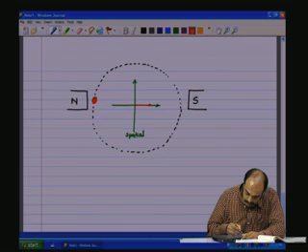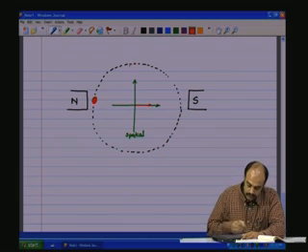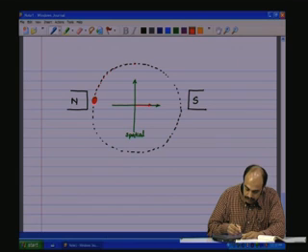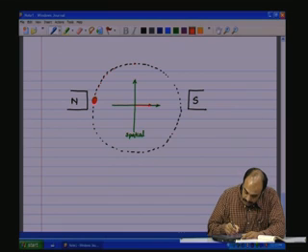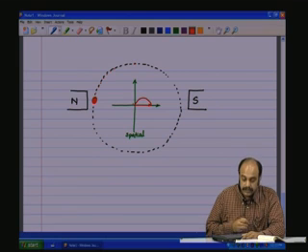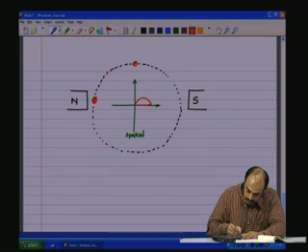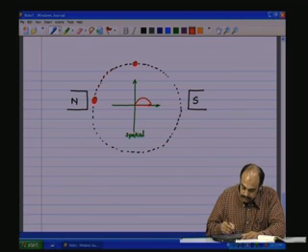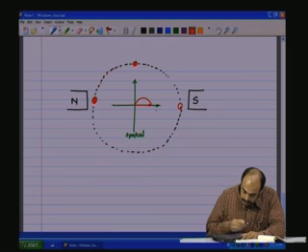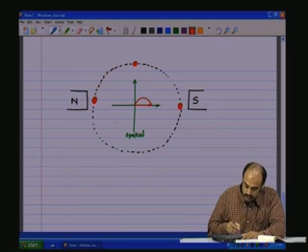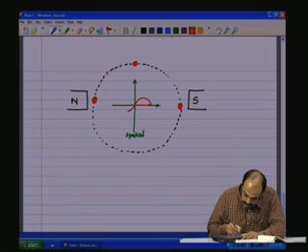The conductor starts rotating from here to this point. The flux at these points is gradually decreasing until it becomes 0 here. Then from here to here, the conductor is at the south pole, and the flux is at negative max.